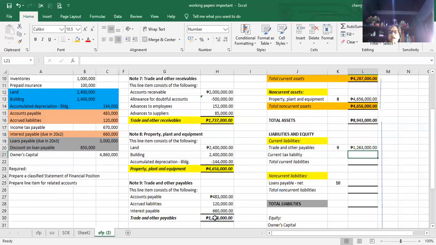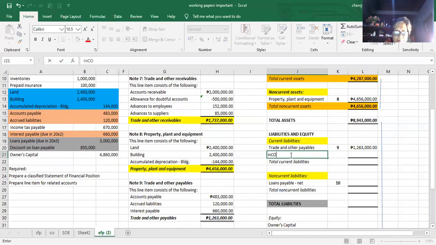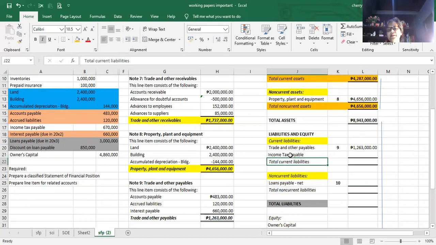How about the current tax liability, or let's make it income tax payable. Okay, income tax payable.